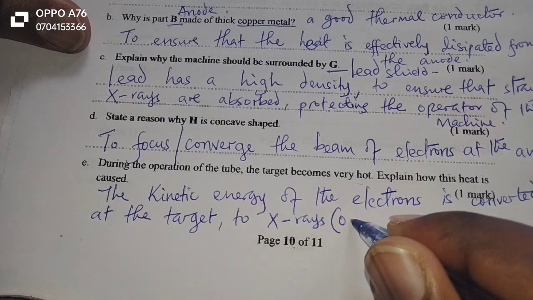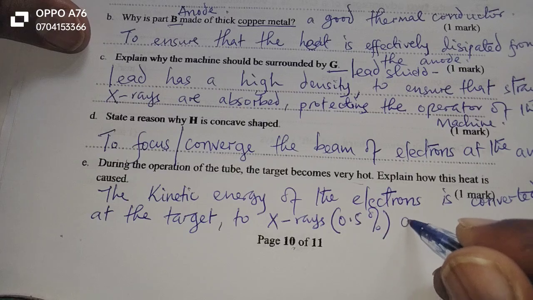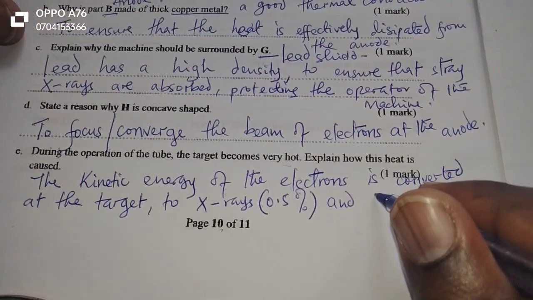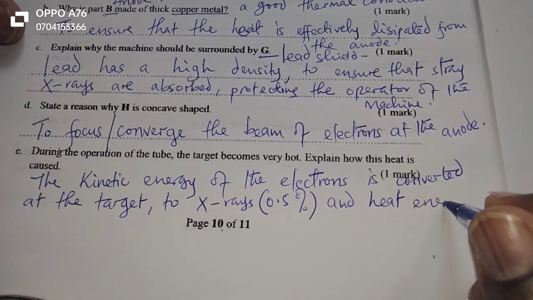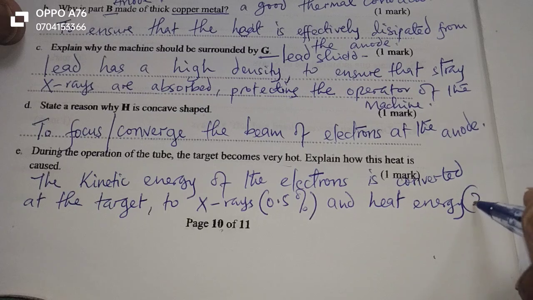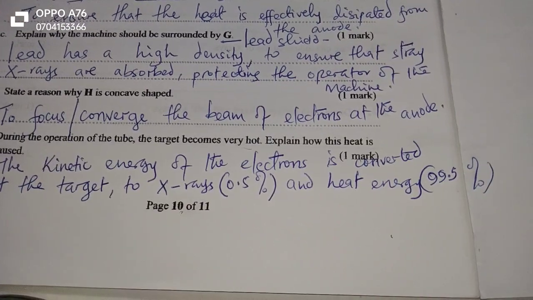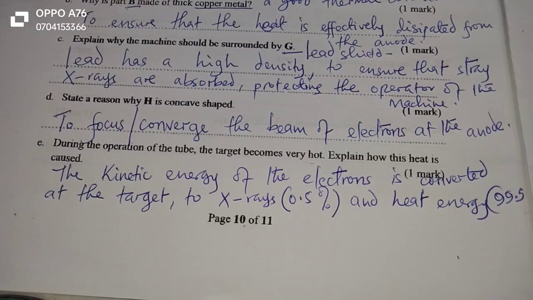This is a small percentage, around 0.5% of the energy, and the bigger percentage, which is heat energy now, and heat energy, this is 99.5%. So with such a percentage becoming heat energy, then the target has to become very hot.